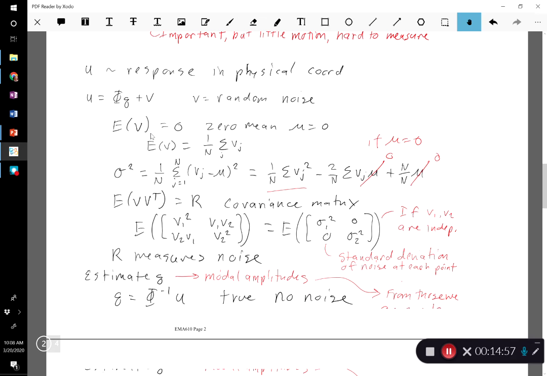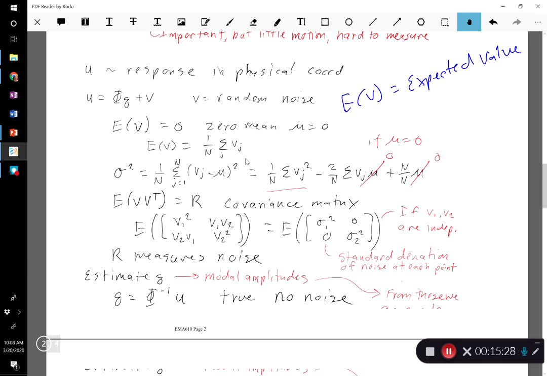So the noise, if we use some statistics to understand this, here E of V is the expected value. So the expected value of noise is 0. We imagine that if we average enough times, or if we take enough measurements, that they'll all be clustered around the true value. So noise is typically 0 mean.